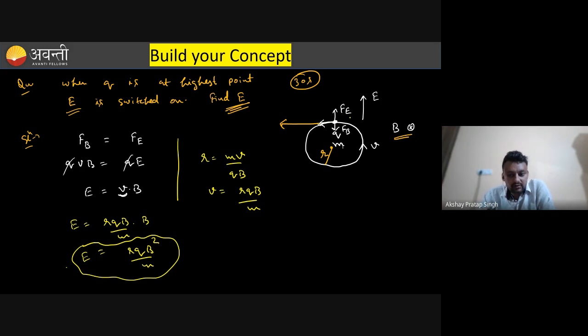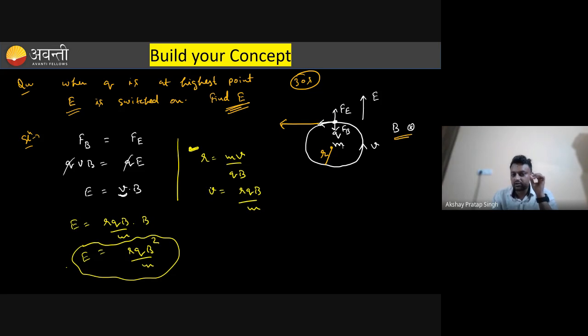How does V come by R? This is the formula for the radius. Do you remember this relation? R is equal to mv by qB. When a particle moves in a magnetic field, its radius is given by mv by qB. Now, I have transferred the q and B from the denominator to the numerator, so velocity is R qB by m.